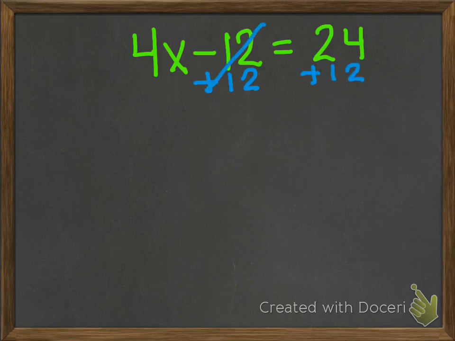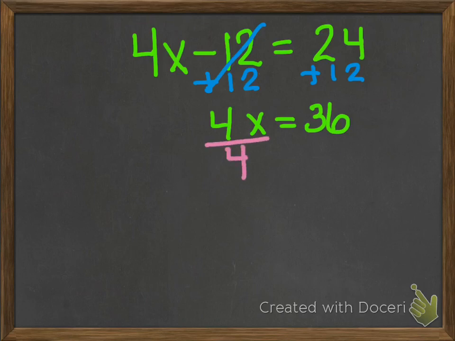So this cancels out, and I'm left with 4x equals 24 plus 12 is 36. So now I need to get rid of the 4. It's multiplying with the x, so the opposite of multiplying is divide.